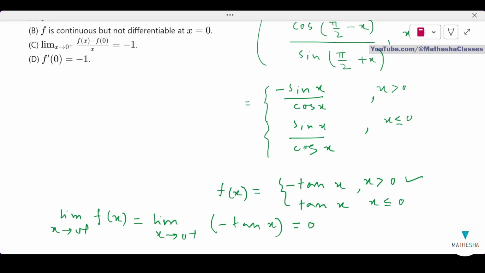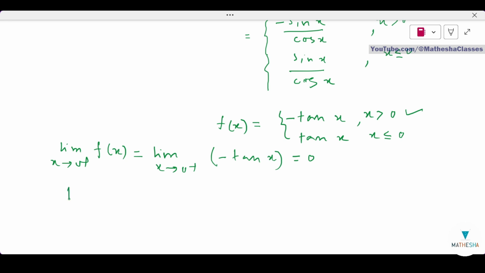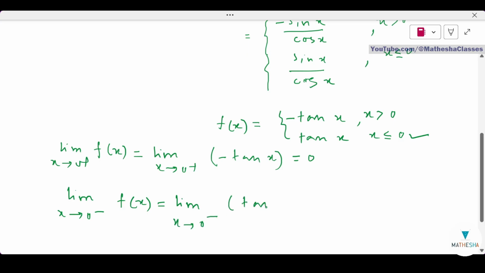And if you are trying to calculate limit x tends to 0 minus of f(x), you have to use the second formula. That means this will turn out to be limit x tends to 0 minus of tan x, and putting x equal to 0, it will be 0 as well. So right hand limit and left hand limit are equal.